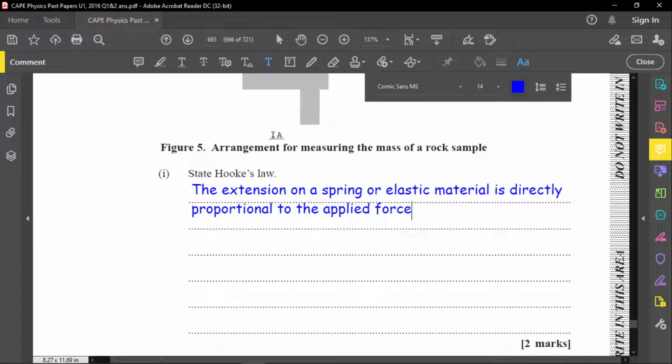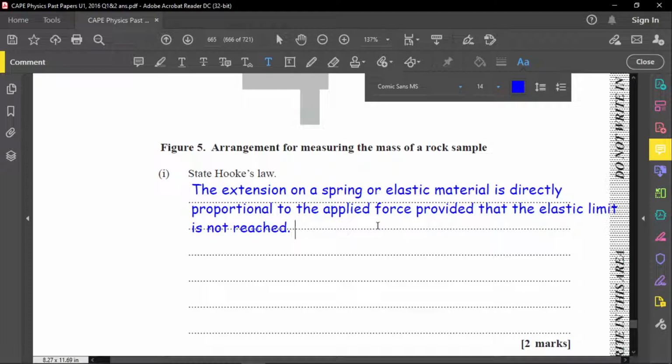And this is providing that the elastic limit is not reached. Okay? All right, so once the elastic limit is not reached, then we know that the applied force and the extension are directly proportional.